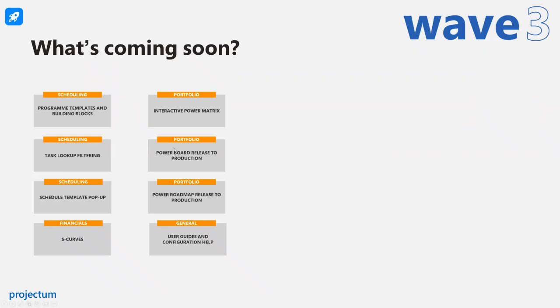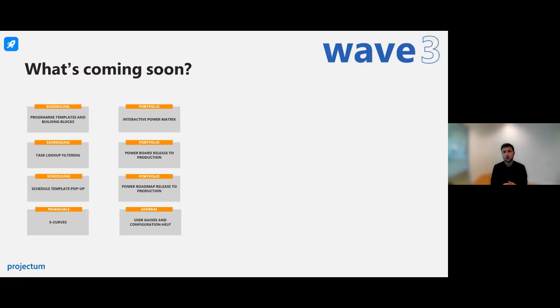Then we have a schedule template pop-up, meaning that if you don't necessarily want a template just being applied, you want to leave it up to the leader of that specific initiative. We will create a pop-up which will basically ask which template do you want to add to this project. We typically see that you are choosing between, is it an agile project, is it a specific project type you're using here, and that process is what we want to basically optimize.